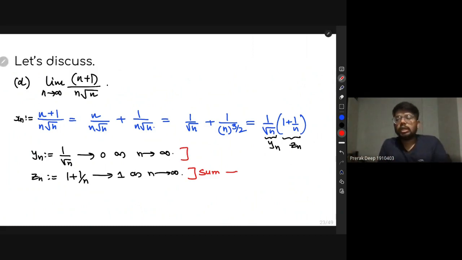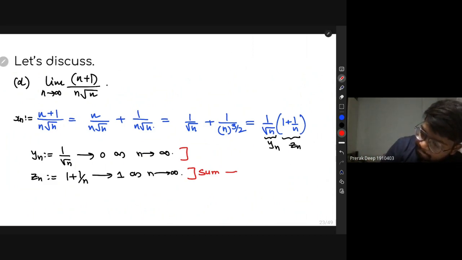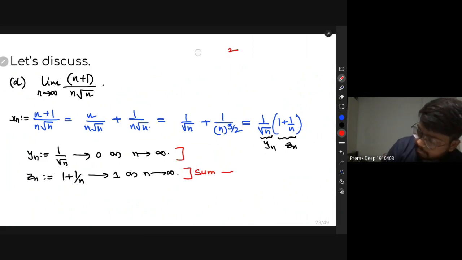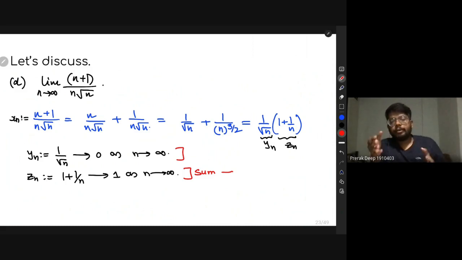Here I'm using the fact that the limit of 1 over square root of n is 0 as n tends to infinity.